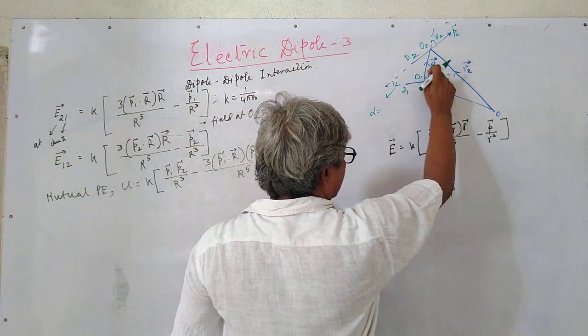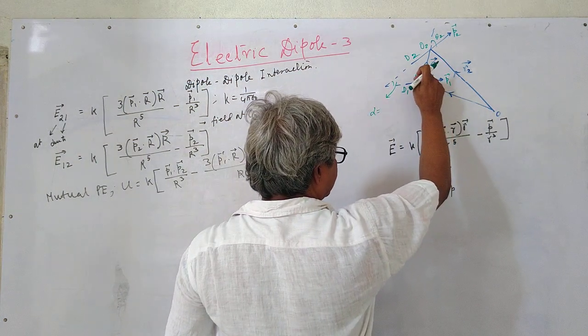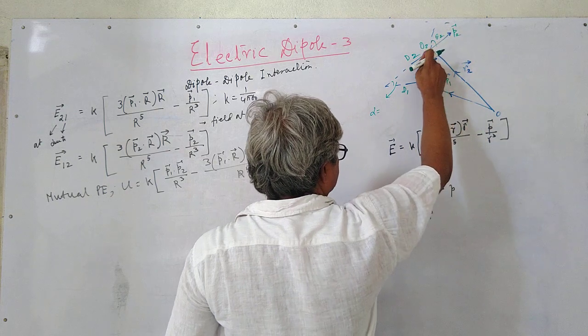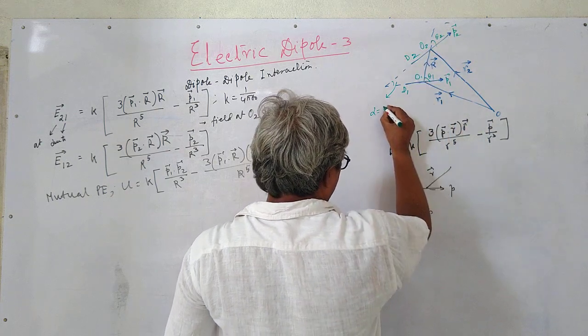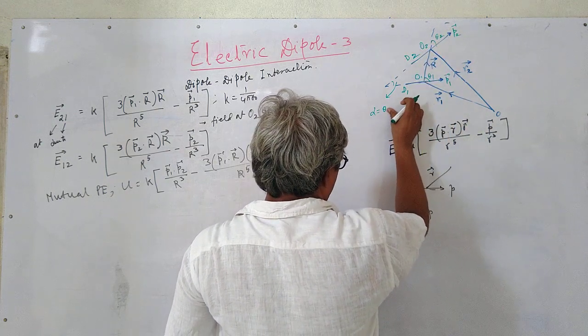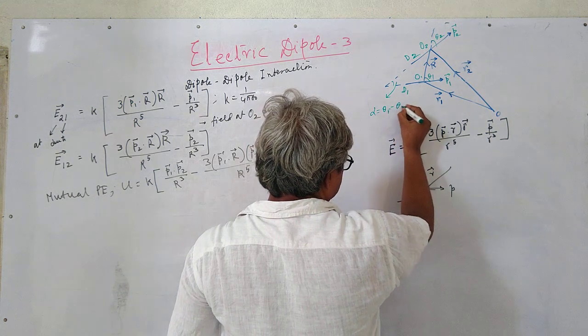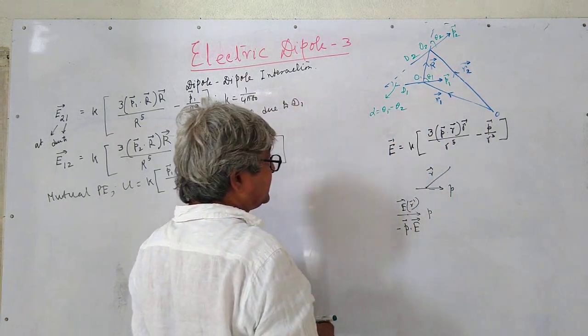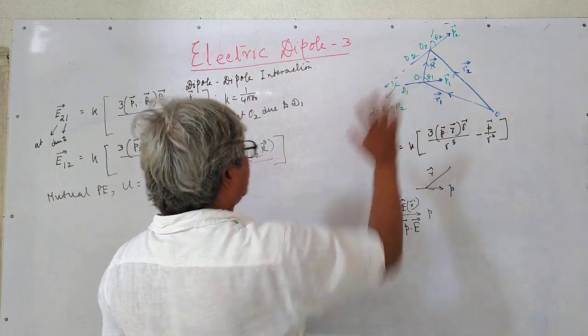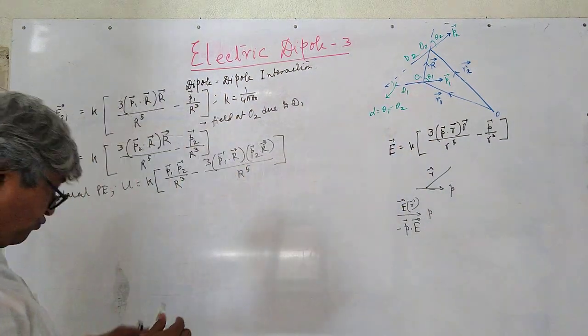Note that if this angle is theta 1, this is pi minus theta 1. If this is theta 2, it is theta 2. Applying the triangle property, that the total sum of the internal angles is pi, we end up with this result.